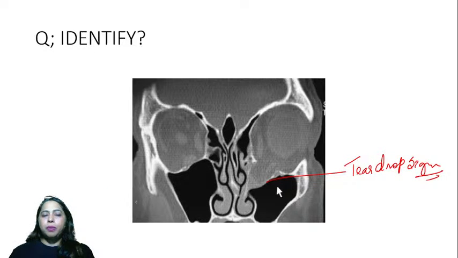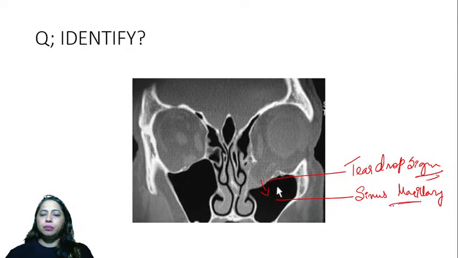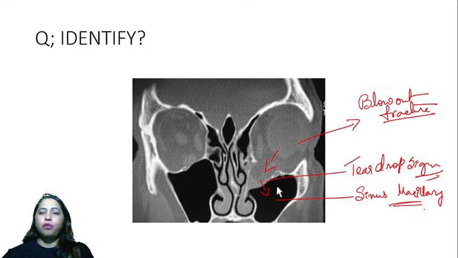It has gone into this sinus, that is the maxillary sinus. And this is because of the fracture. Otherwise, why would the content just come down? So this is because of the fracture. It could be a blowout fracture. It could be the blowout fracture of which one? The orbital rim.